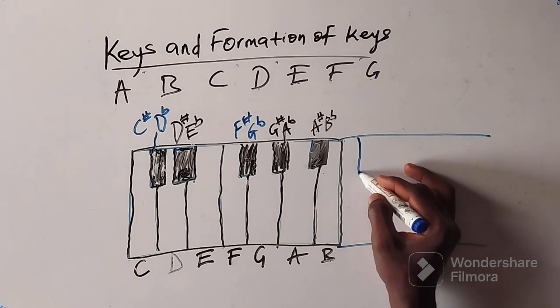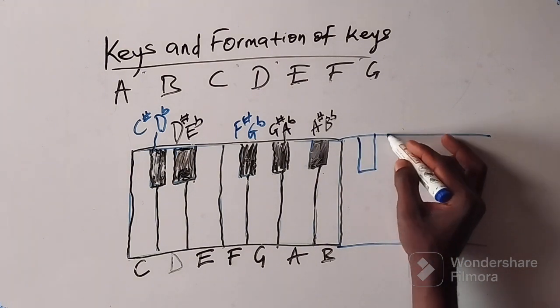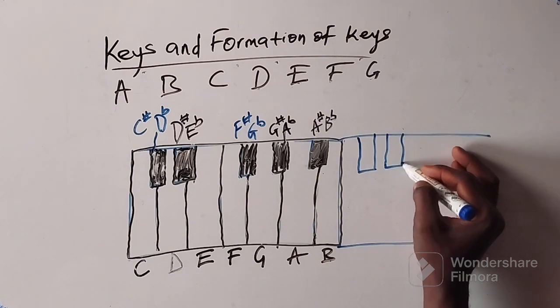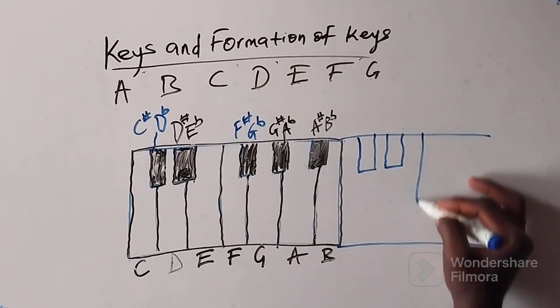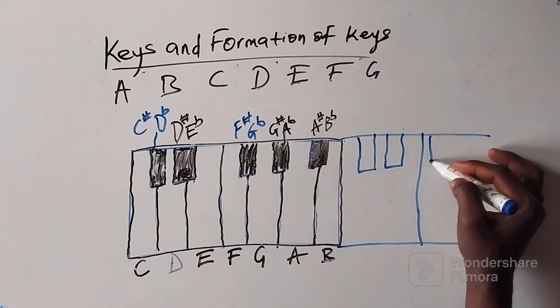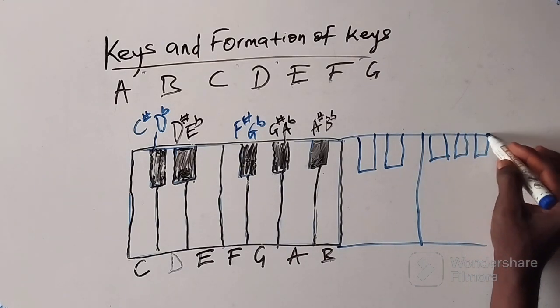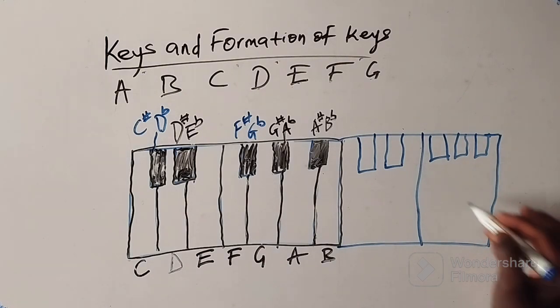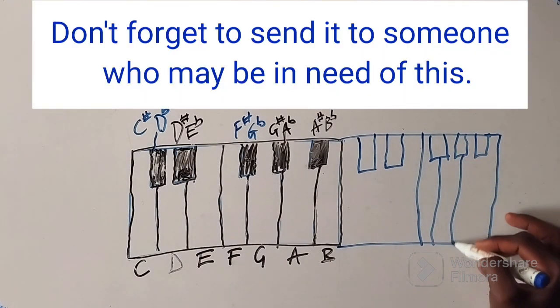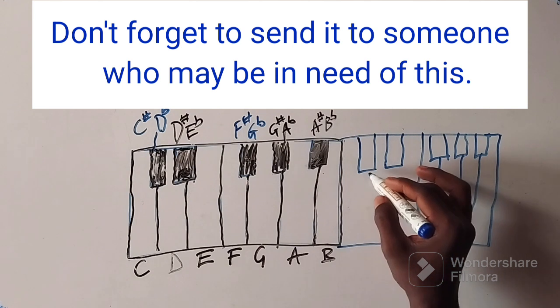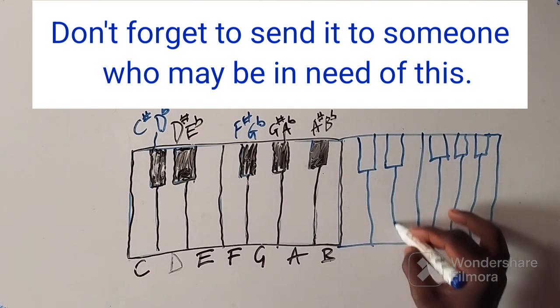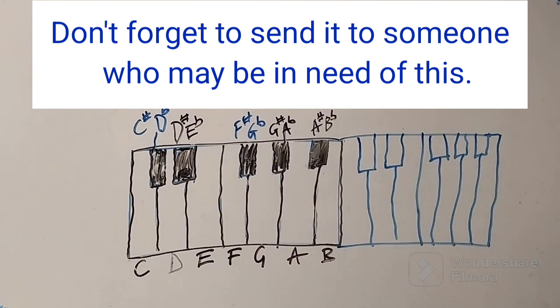Remember, you have your 2, then you draw a line, then have your 3. So you have another octave. And once you stop at B, the next one will be C. That's what I was explaining.